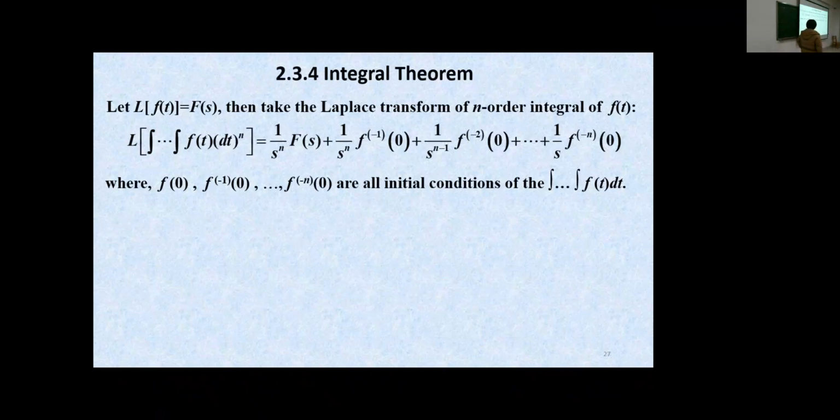Then take the Laplace transform of another integral and other integrals. So the result would be first F(s) divided by s to the n order, and then 1 over s to the n order times f to the minus 1 at 0. And here, these are what? Initial conditions of the n-order integral.